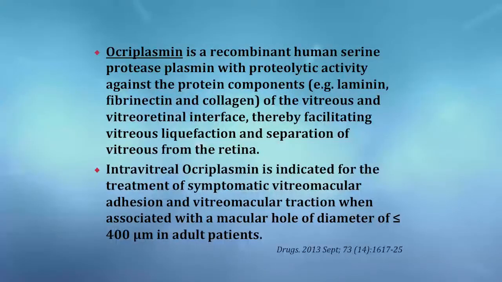It is a recombinant human serine protease plasmin with proteolytic activity against protein components. It dissolves the protein components, such as laminin, fibronectin, and collagen of the vitreous and the vitreoretinal interface, thereby facilitating vitreous liquefaction and the separation of the vitreous from the retina.